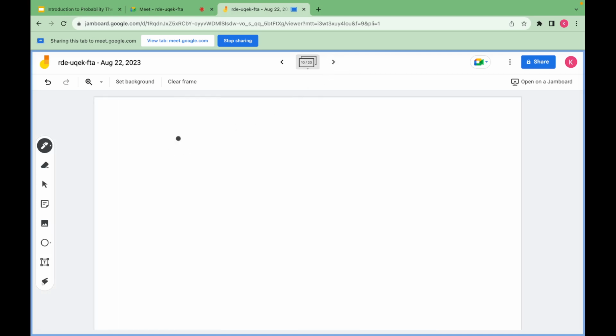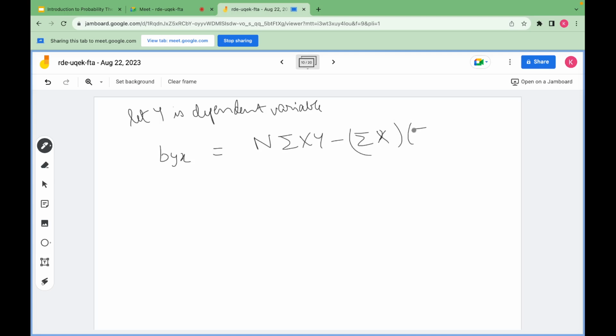Okay. So now let y be the dependent variable. Now we need to find byx, which will be n sigma xy minus sigma x into sigma y, but now in the denominator we will get n sigma x square minus sigma x whole square.